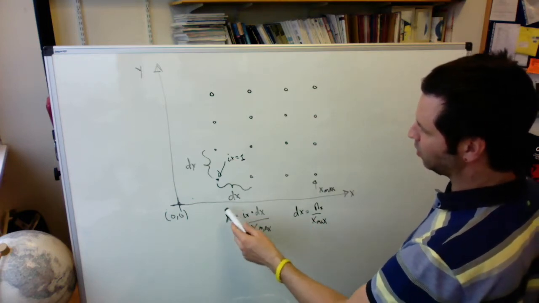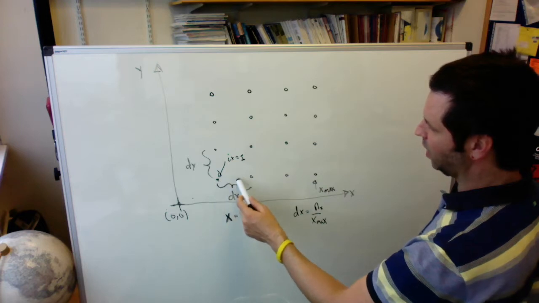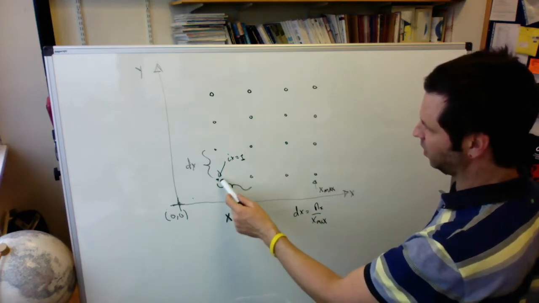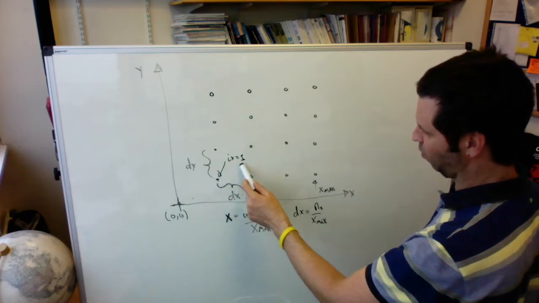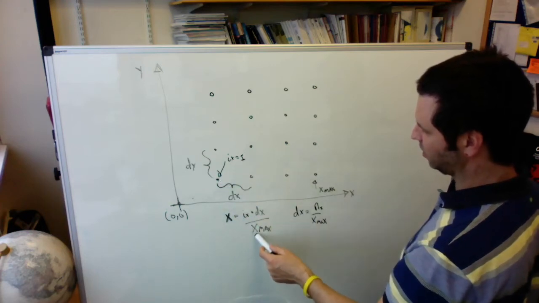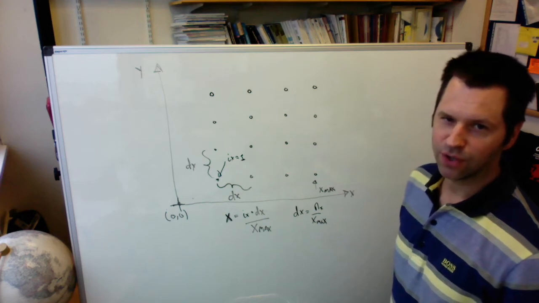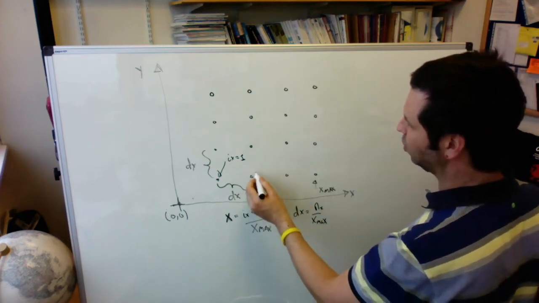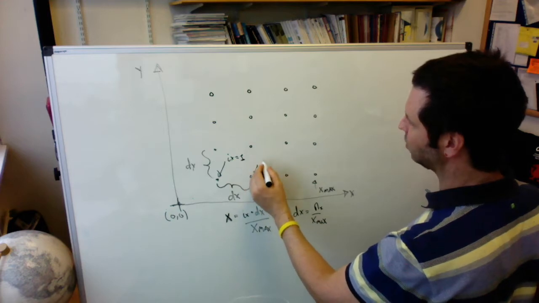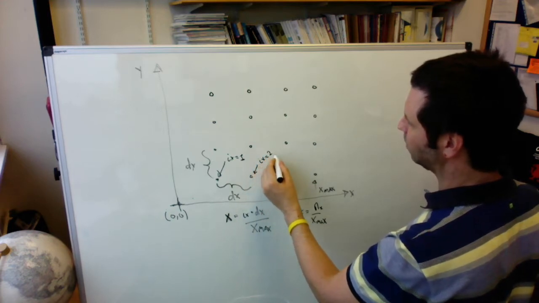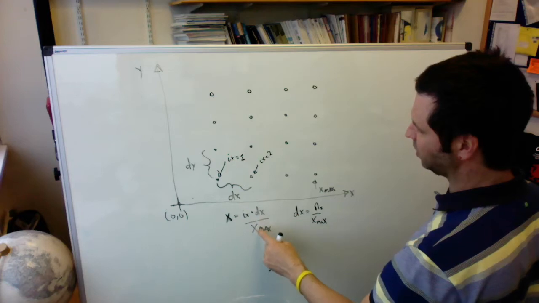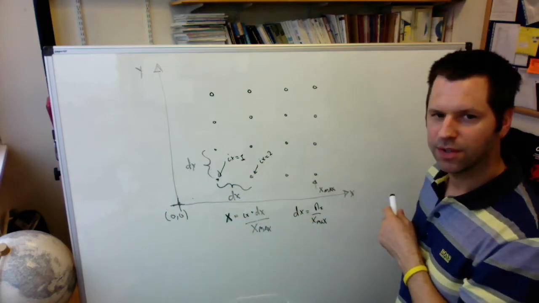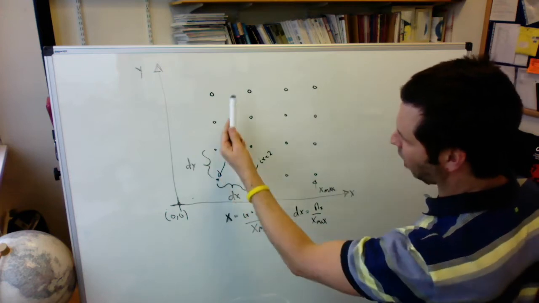And then your spatial position along x for any sample is just the index. For this first one, it's 1 times dx divided by x max, and there's your x coordinate position. For this position, ix is 2, so it's 2 times dx divided by x max. That's the x coordinate. The same is true about the y coordinate.